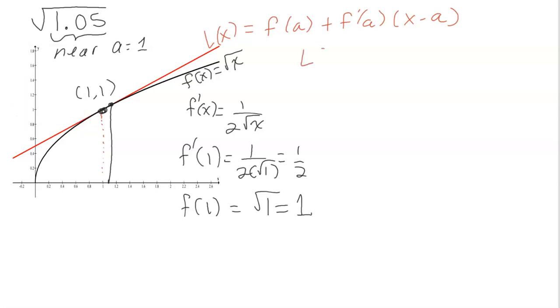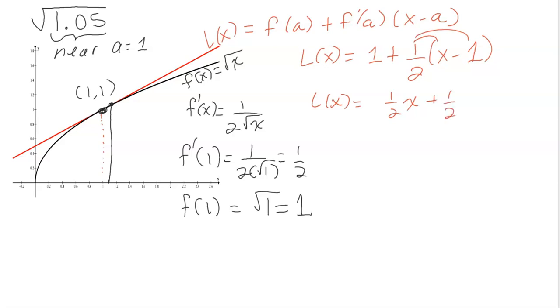So the linear approximation function is f of a, which is 1, plus f prime of a, which is 1/2, times x minus a, which is 1. The linear approximation line is 1/2 x, distribute, 1/2 x minus 1/2 plus 1, which is plus 1/2.